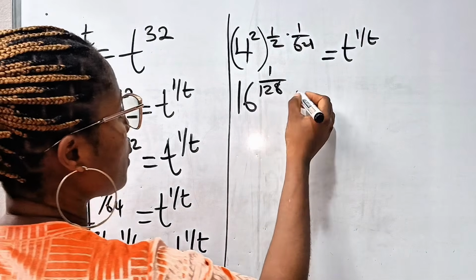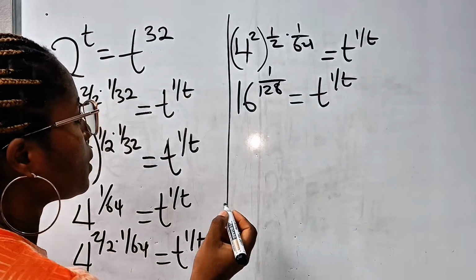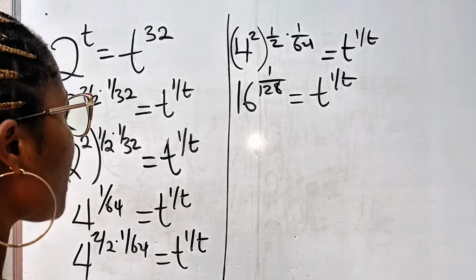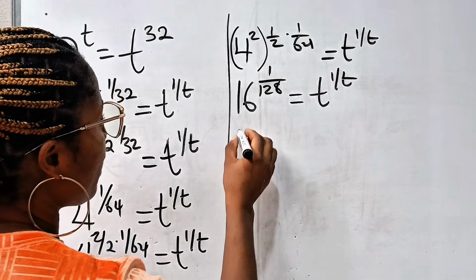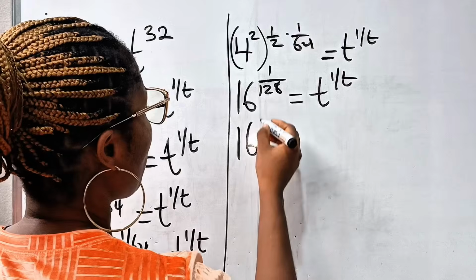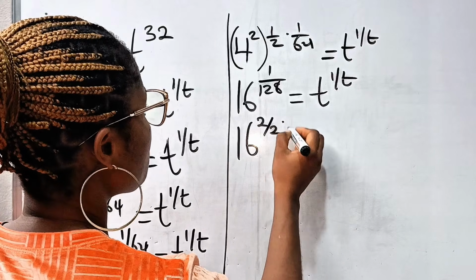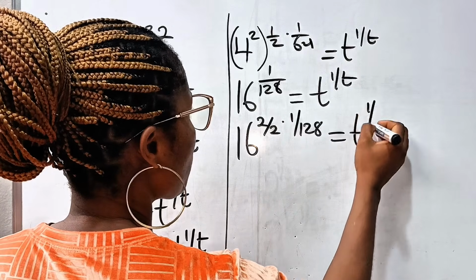Is equal to t to the power of 1 over t. Alright. Repeating the same thing again. So we have 16 to the power of 2 over 2 multiplied by 1 over 128 is equal to t to the power of 1 over t.